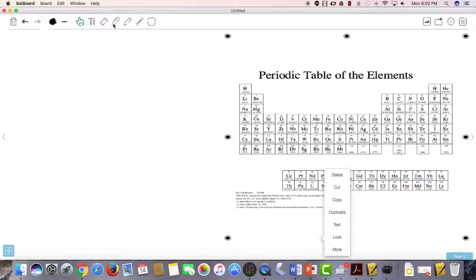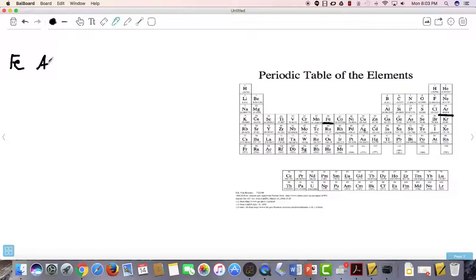Now let's write the noble gas configuration for iron. What noble gas comes before iron? The noble gas that comes immediately before iron is argon. So we'll put argon in brackets and then write everything after argon.